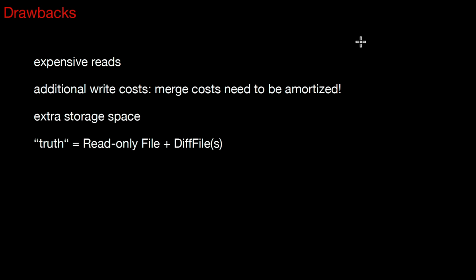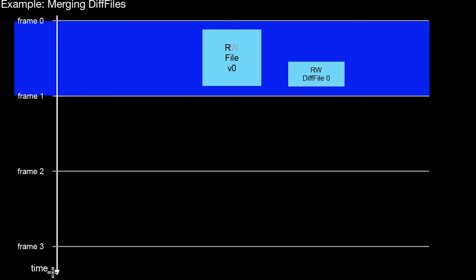And important to understand is that the truth, the current, most up-to-date version of the data, can be retrieved by looking at the read-only file and possibly multiple diff files. We will see in a moment why this is not only a single diff file, but can be multiple diff files. So let's look at an example.